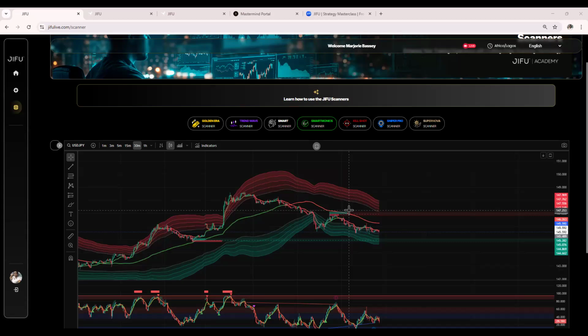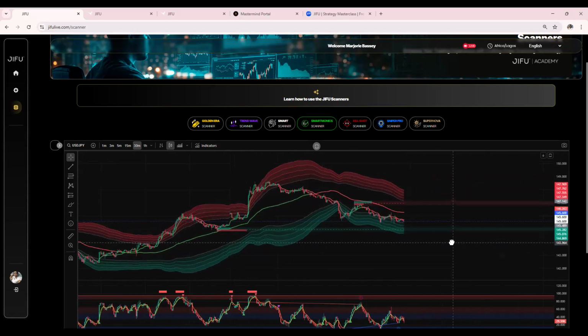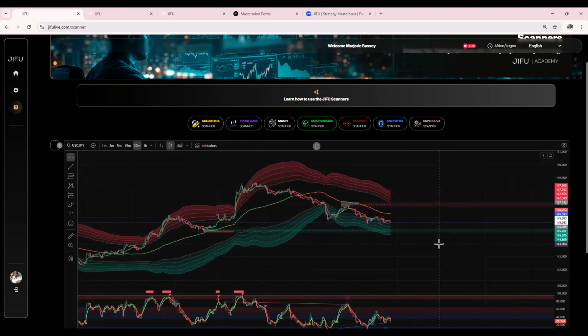So this is how this VWAP is. The market swings and goes high, and it touches one end of the VWAP, and then it swings again and comes down and touches the other end of the VWAP. So it can help you point out the highs and the lows in the market. It's very simple, guys, and very straightforward.